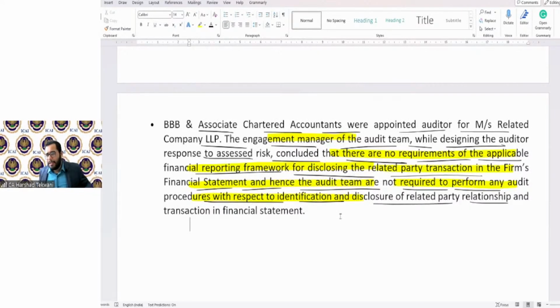So can we skip the testing of related party transactions? Come on, guys.